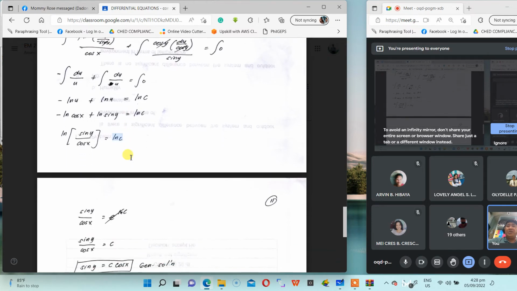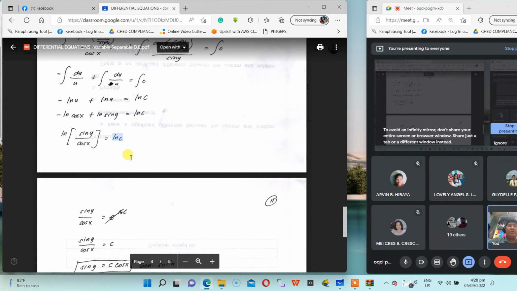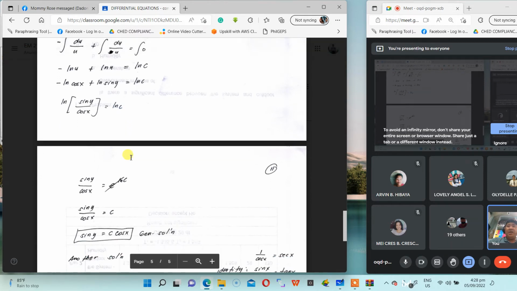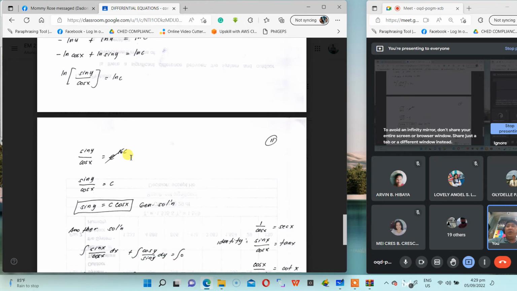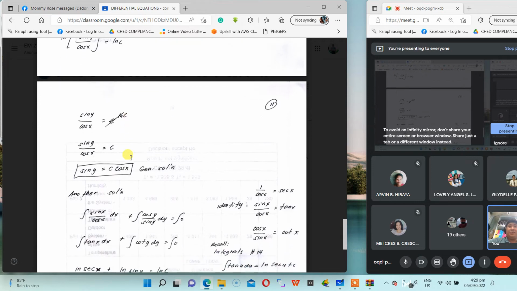After that, when you transpose it, ln going to the other ln, e raised to the power of ln becomes 1. Then we have sine y over cosine x equals c. If you want to make it one line, you could do it like this. This is your general solution.